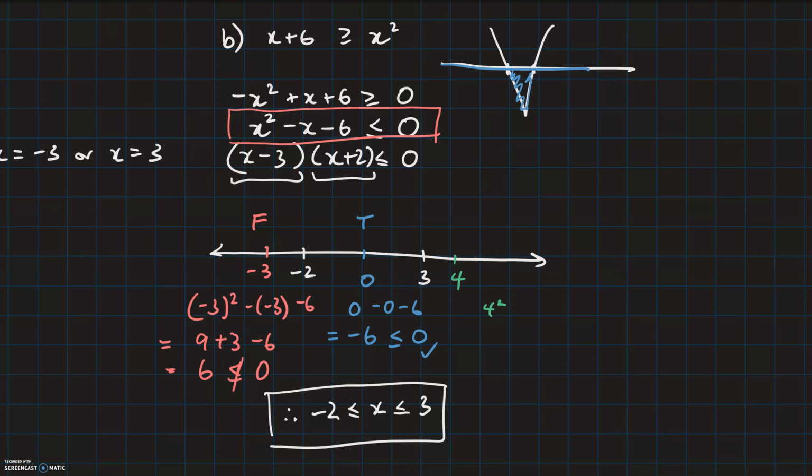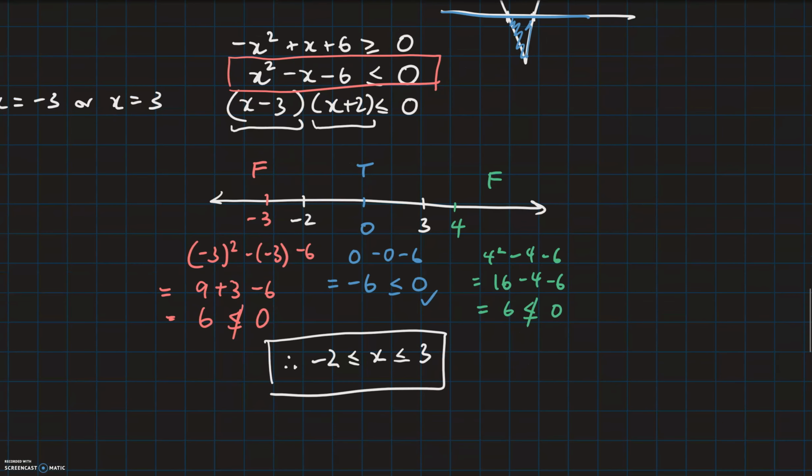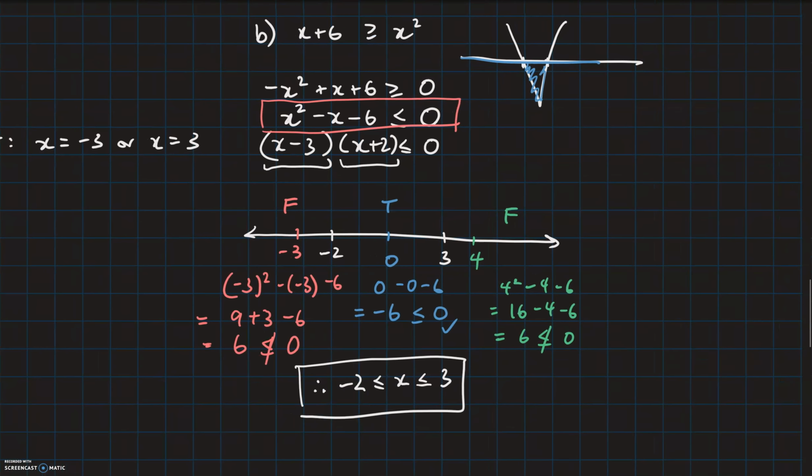So I've got 4 squared minus 4 minus 6, so that's 16 minus 4 minus 6, which happens to be 6, which is not less than or equal to 0, unfortunately. So this area is false. So our final answer for this one is that x is between negative 2 and 3. That's what this inequality at the bottom tells me.